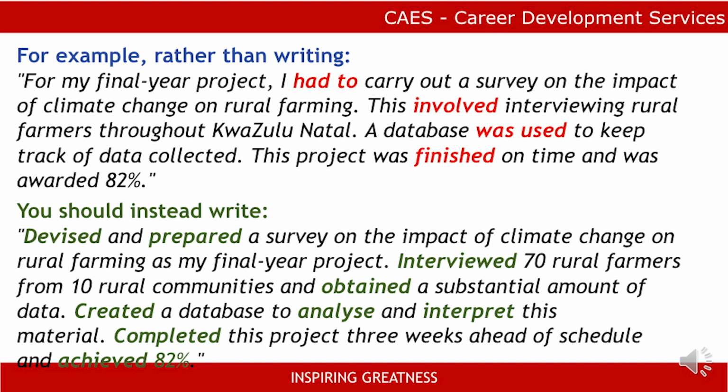Created a database to analyze and interpret this material. Completed this project 3 weeks ahead of schedule and achieved 82%. Can you see the difference when you make use of accomplishment statements and action verbs? For more examples on action verbs, refer to page 9 of our handbook, which is available online.